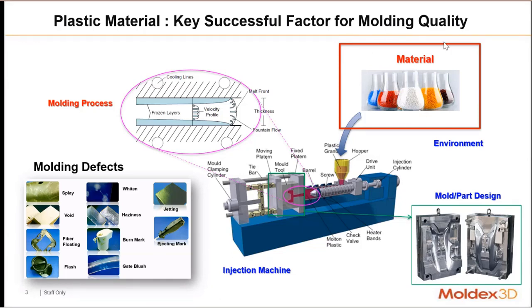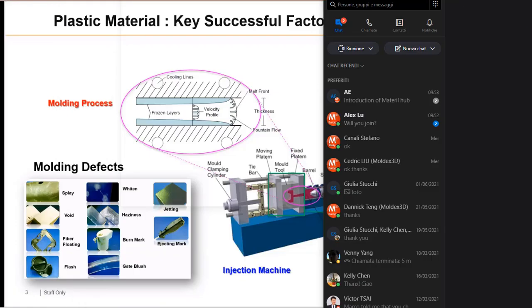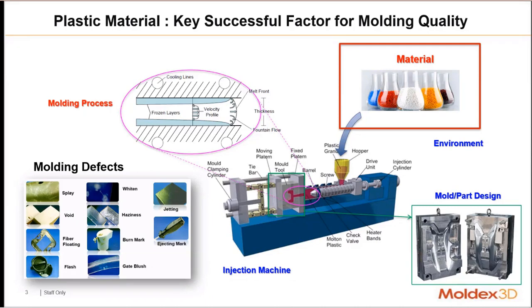We are talking about material, the mold and part design, the injection molding machine, and the molding process. As you can see in recent years, Moldex3D's major research and development direction is how to build digital twins for these four parts: material, design, machine, and process itself.